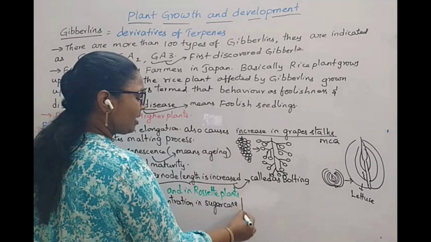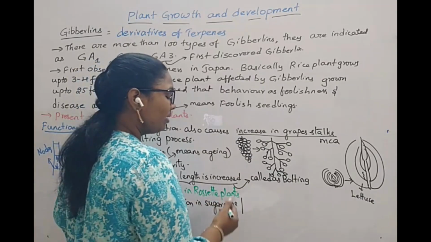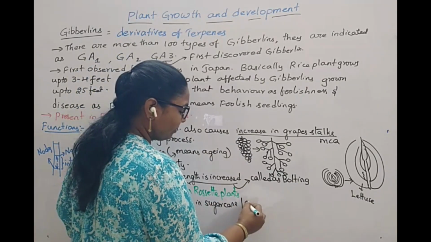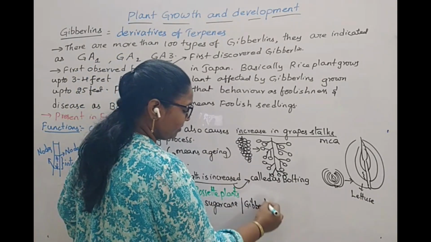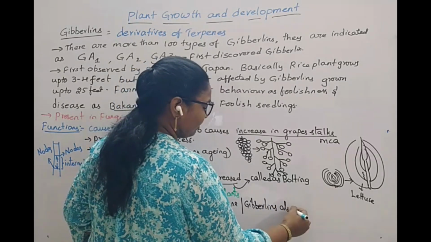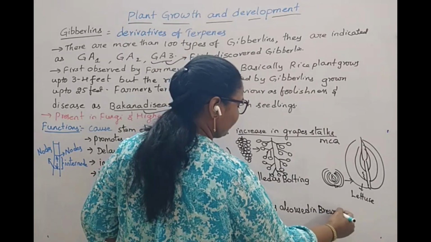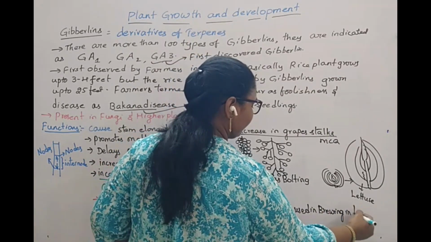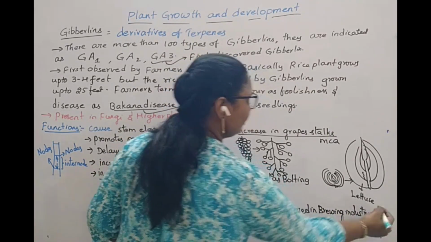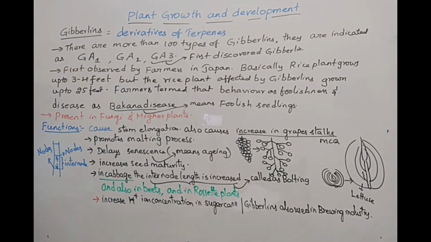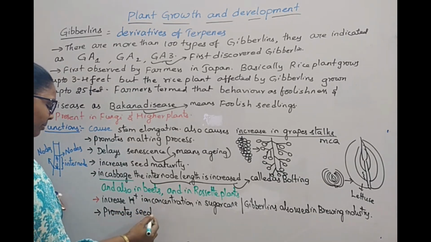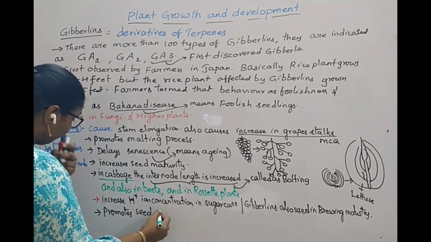Next, gibberellins are also considered to be used in the brewing industry. Gibberellins also promote seed germination time period and cause seed germination.